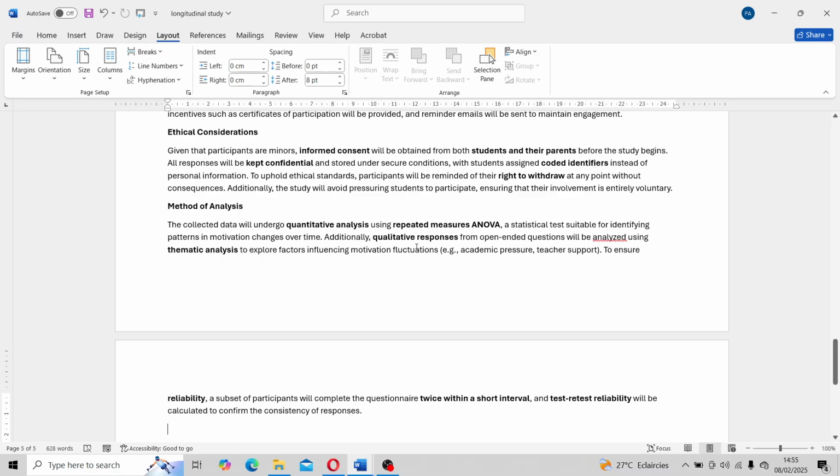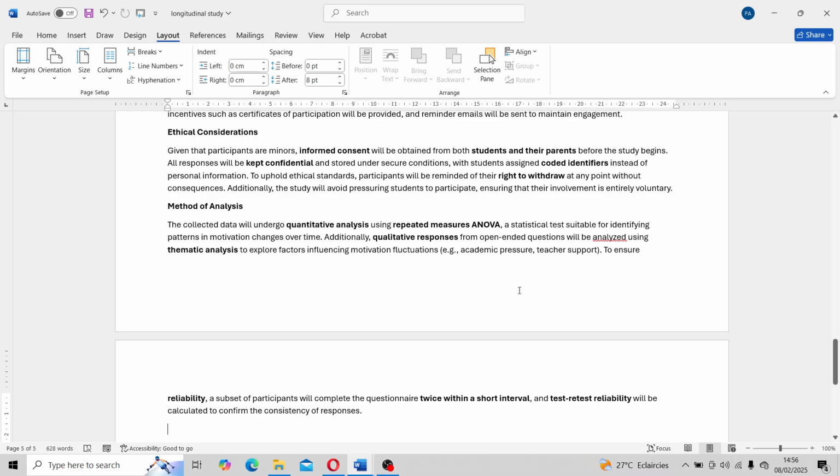All right, now additionally, qualitative response from open-ended question will be analyzed using thematic analysis. That is, you're trying to analyze what are the factors that cause motivation and motivation fluctuation in students. Could it be academic pressure based on their response, teacher support? Okay, what are the factors, so it's left for you. All right, so you're just trying to identify, okay, could there be any underlying effect for the motivation change?